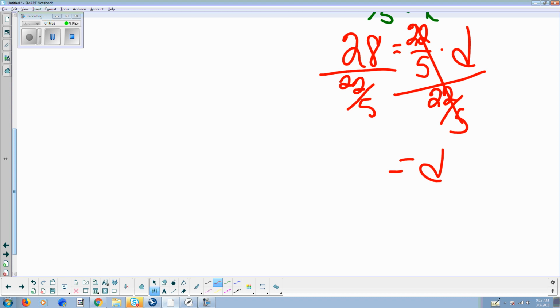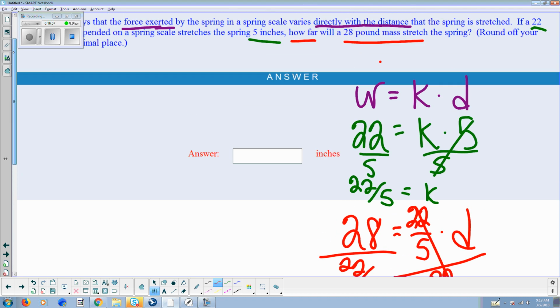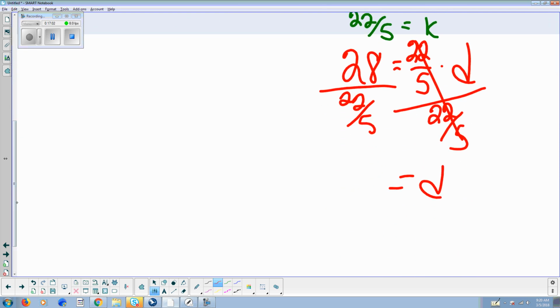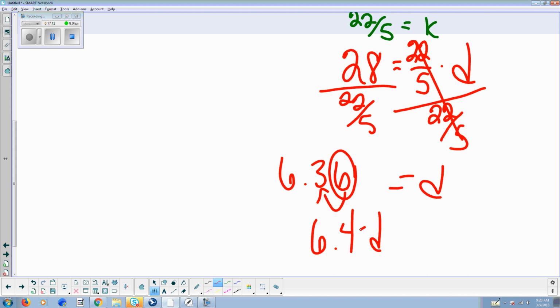Okay, this one said to round to the nearest what? 1 decimal place. So the distance would be, I got 6.36. So that's going to round. The 6 makes that 3 round up to a 4. So 6.4 inches. There's our answer.